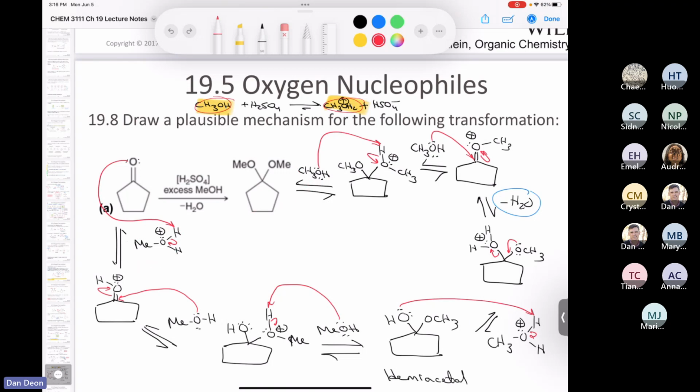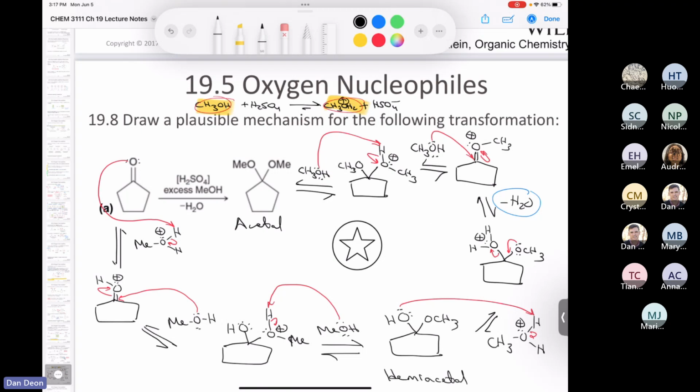And so that's why you only need a catalytic amount of acid, because it keeps getting recycled over and over and over. There you go. We go from our hemiacetal to our acetal. This is a mechanism that might seem intimidating, but it's one that all organic chemists need to know. It's right up there with the most important mechanism in the world, which is Fischer esterification. And we haven't learned that yet.